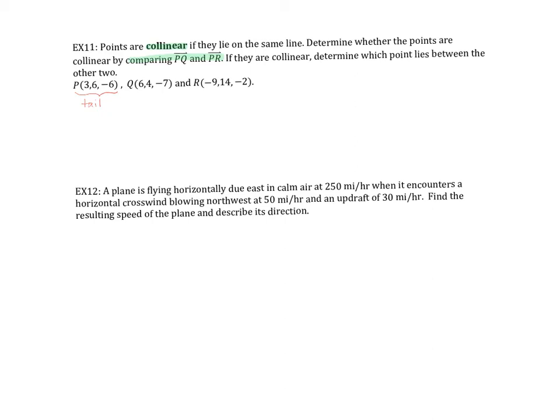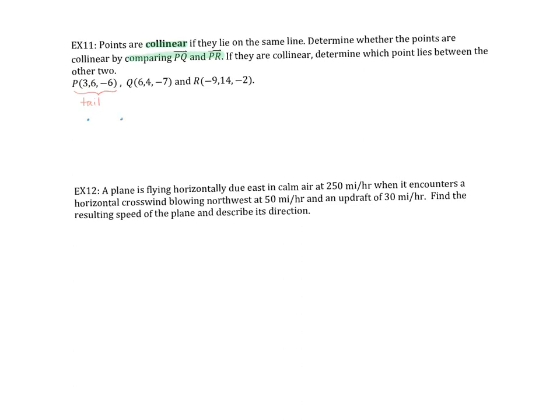Okay, so let's think about this. Collinear means it's going to lie on the same line. So let's just say that I have this vector PQ, and it looks something like this. Well, the other vector PR, maybe it's longer, or it could be shorter.